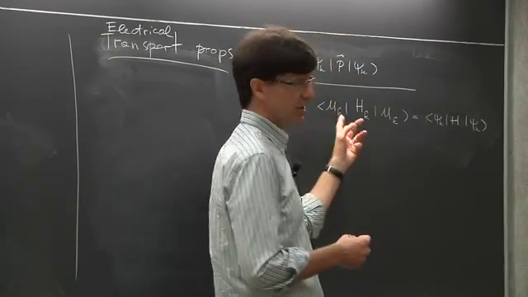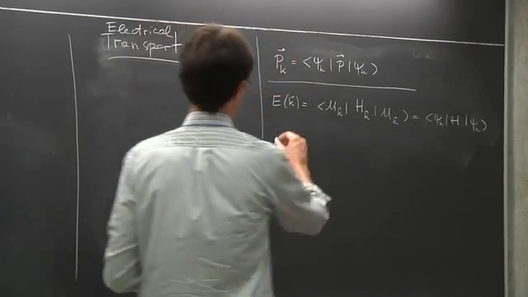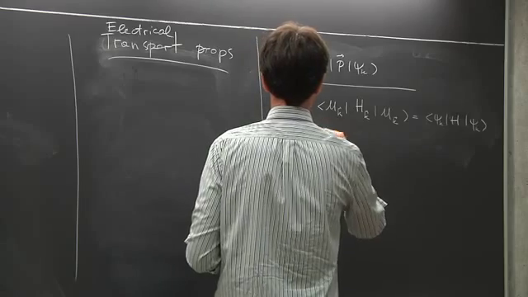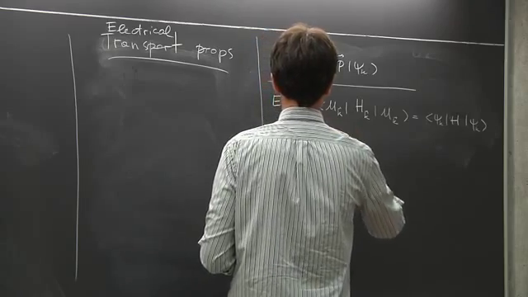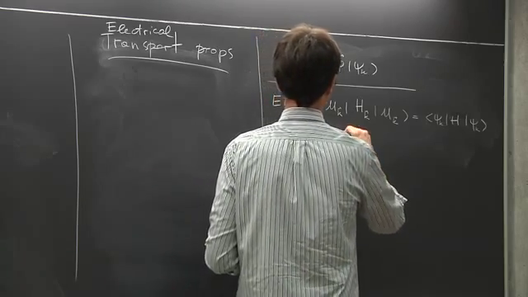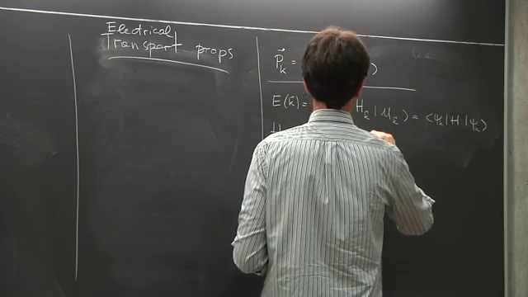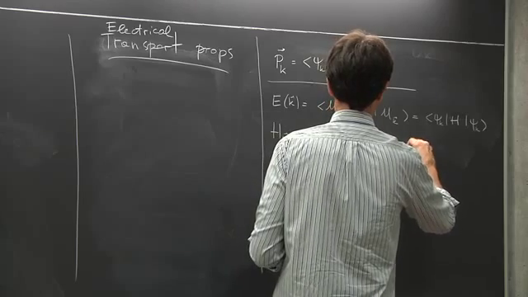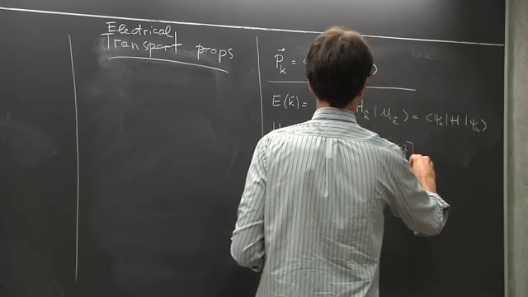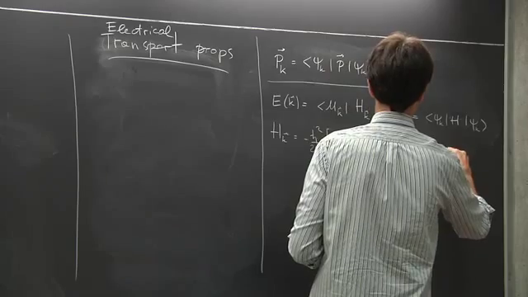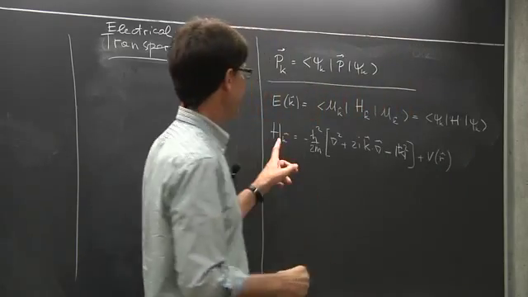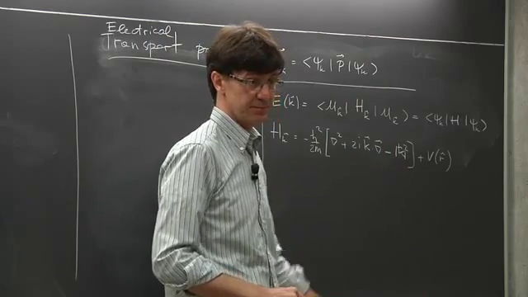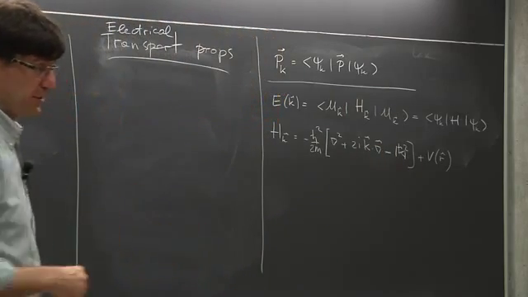And I hope you remember what h of k is, actually let me write it here, because I need it now. So this was delta squared plus 2i k dot delta minus k squared plus v of r. Right? H of k was this funny Hamiltonian with 2 additional terms that we derived at the blackboard some time ago.